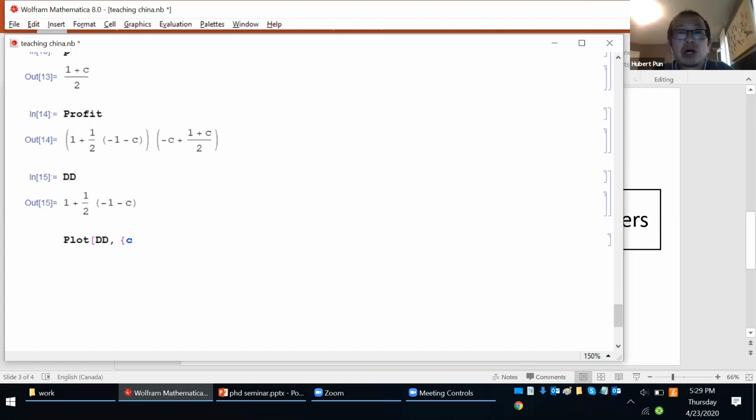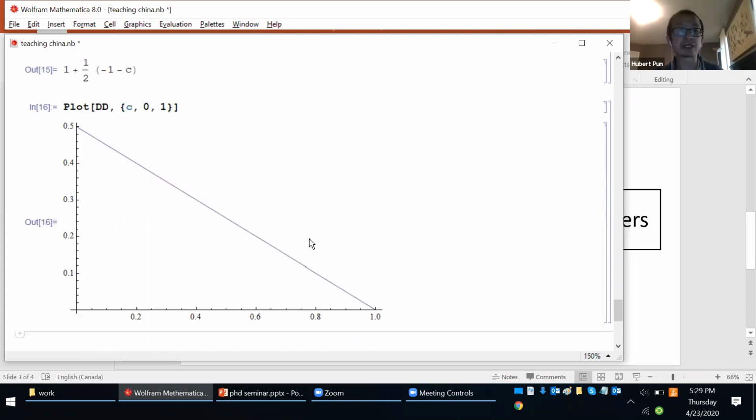So price is no longer just a value, it's the optimal value. And I want to plot the production cost with respect to the optimal demand.